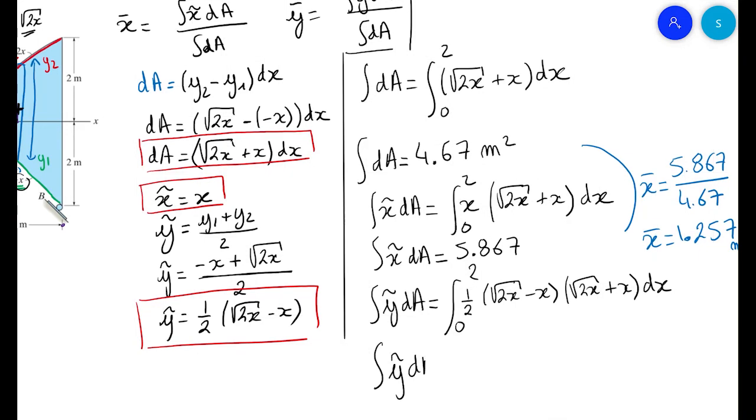So y tilde dA is equal to 1/2 of the integral from 0 to 2 of 2x minus x squared, dx. Let me write it on a piece of paper so I don't forget it. Here we go, so the calculator there.